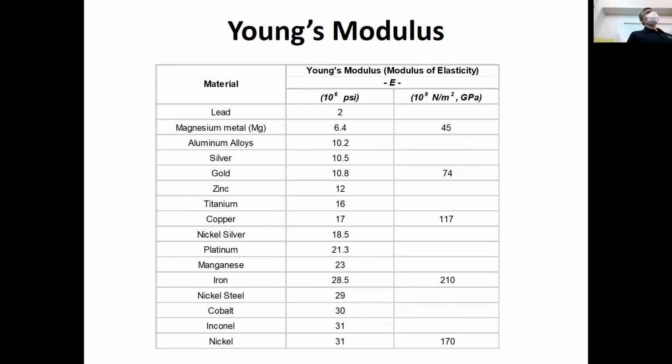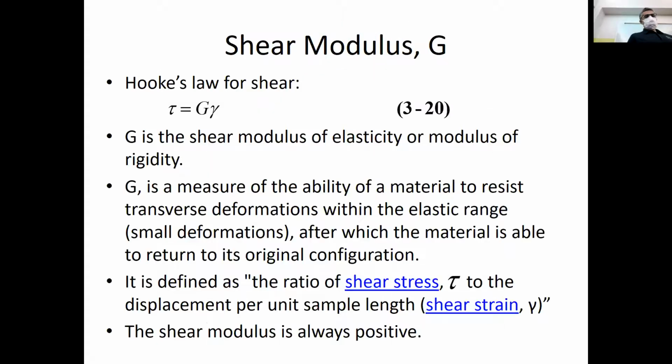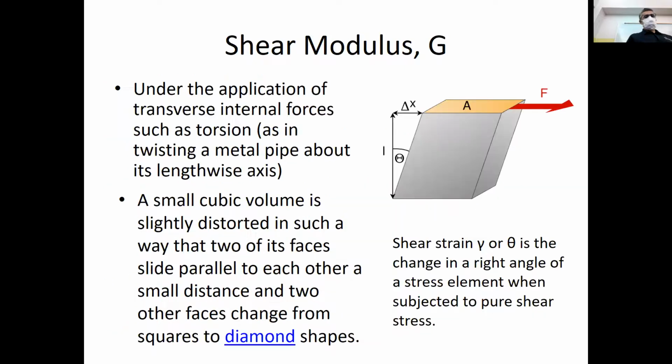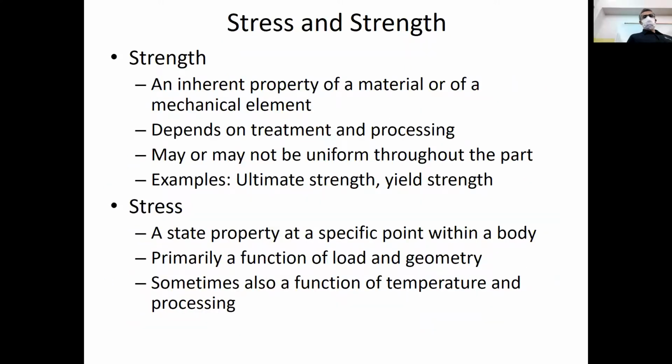Very good, very good. So really, when we refer to strength, it's a property of the material or a mechanical element. So this is how much it can handle. And this is what we identify from running a simple tension test.